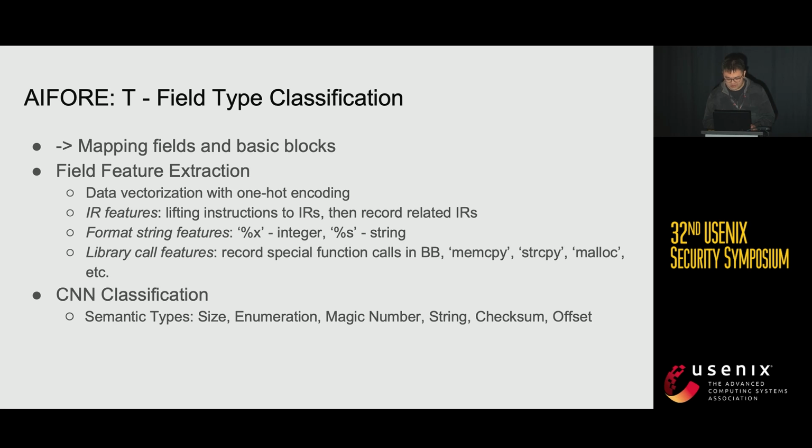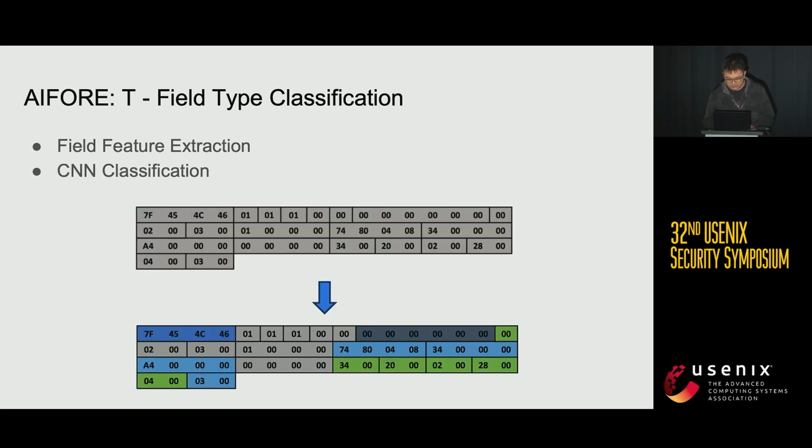Different format strings can indicate the type of the field, like %x and %s indicate an integer and a string respectively. Third, library call features. We record some special library calls in the basic blocks like memcpy, strcpy, malloc. It also can reflect the type feature of the field. Now we get the type of fields, like tainting fields with different colors.